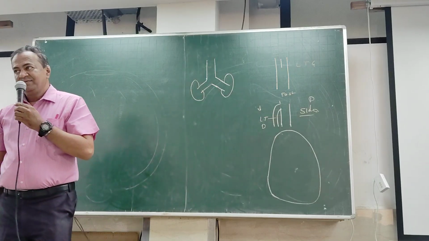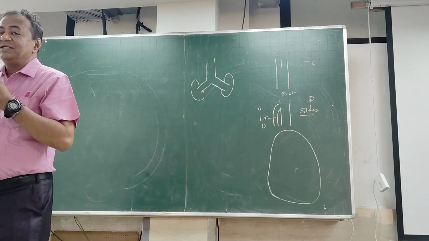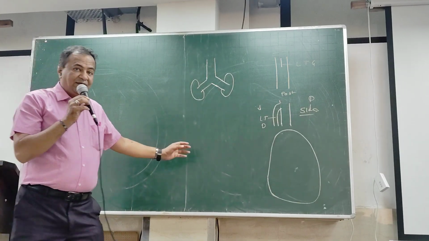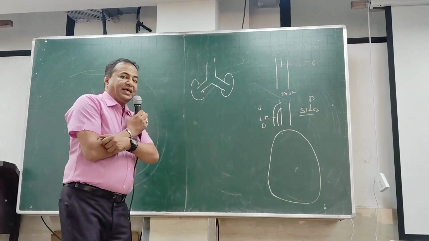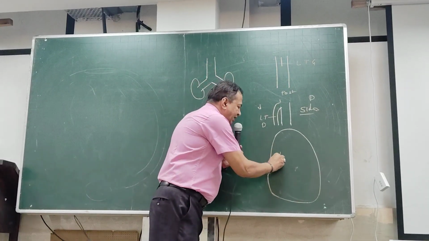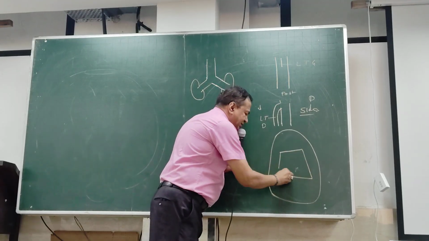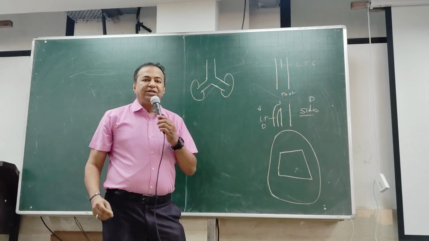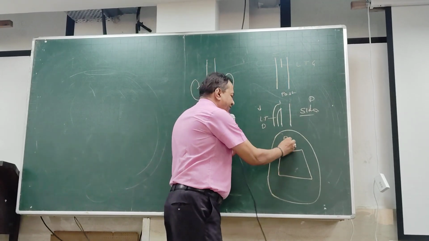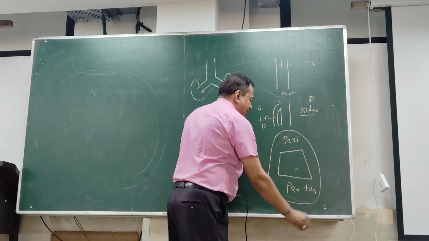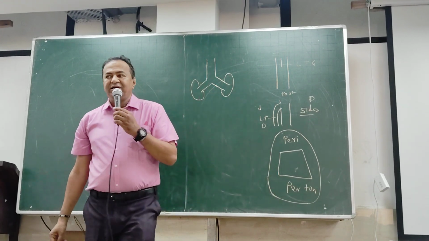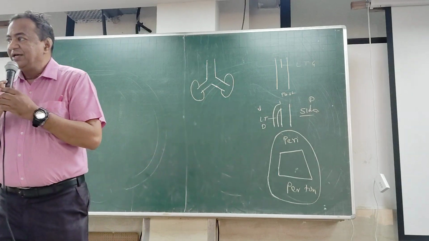This is actually the peritoneal. We are talking about the body cavities, which are like this. Further, what happens? The body cavity gets divided into three: pericardial cavity, pleural cavity, and peritoneal cavity.